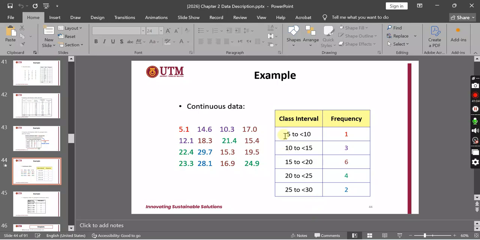So we put 5 to less than 10, then 5 to less than 10 plus 5. Why are we adding 5 to each class here, but in the other we put 10? Because the numbers are small here. It's up to you. It's not wrong if you put 5, if you put 10, if you put 3, for example.